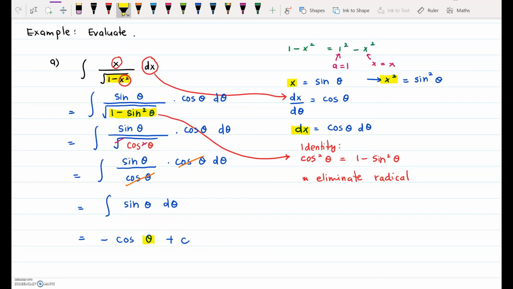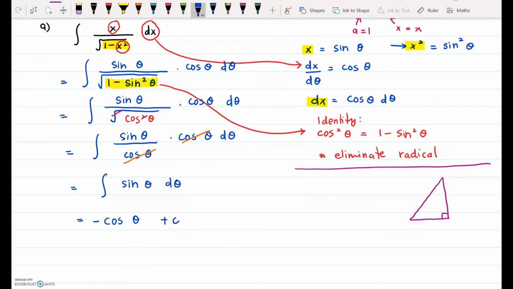We will use the trigonometric formula, the Soh-Cah-Toa formula. We have x is sine theta, right? If we write sine theta as the subject, it will be x over 1.